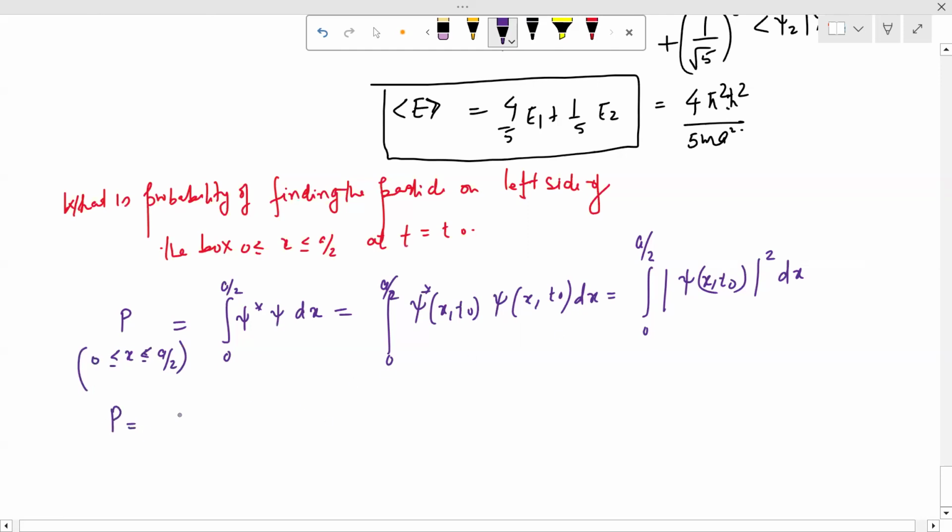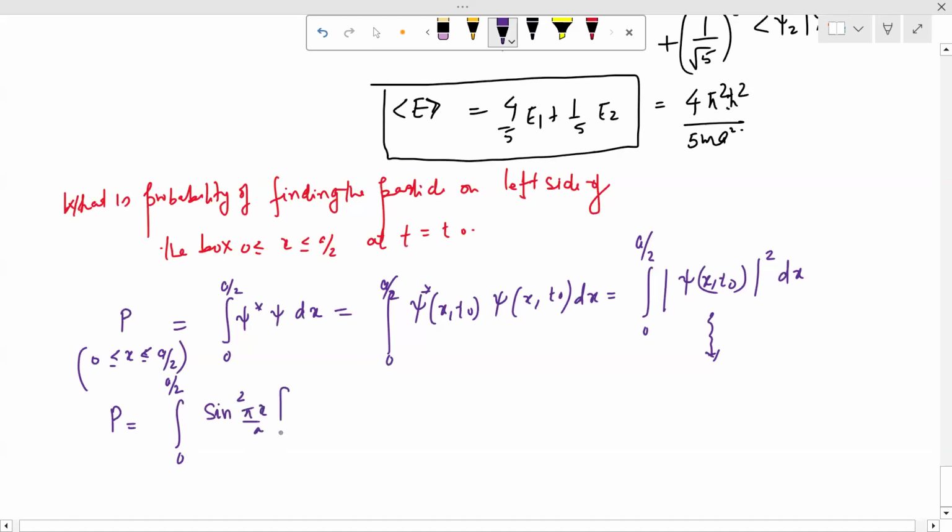So this particular probability of finding the particle between 0 to a by 2, this entire thing, psi x comma t naught mod whole square, you evaluate. I think this can be evaluated on your own end. And I'm writing it here. It will come out as sine square pi x upon a.